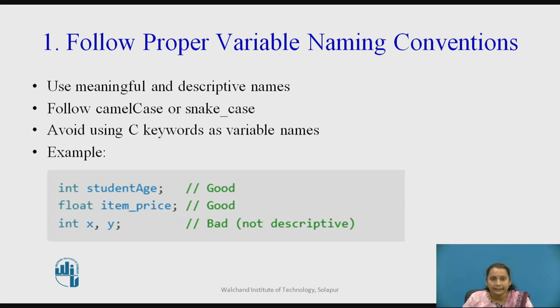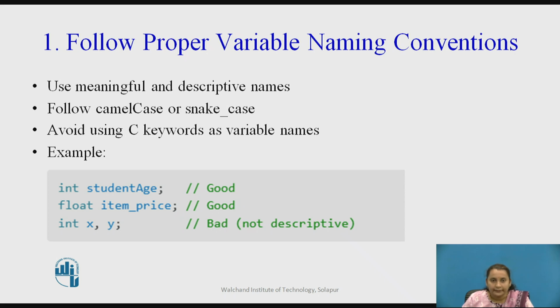While assigning names we should follow camel case or snake case. What is meant by camel case? When we assign a name to any variable, space is not allowed. Suppose we want to use multiple words in a single variable, for example student age, that single variable name contains two words, student and age.